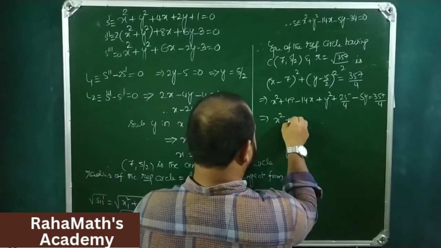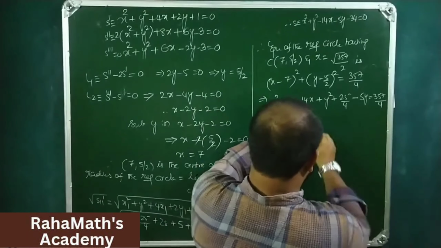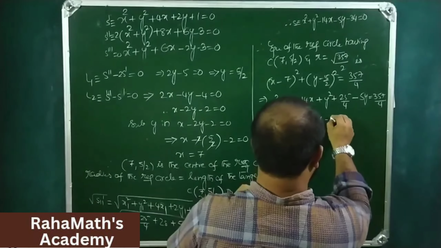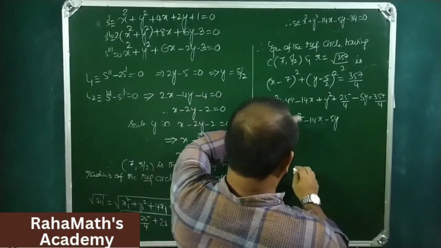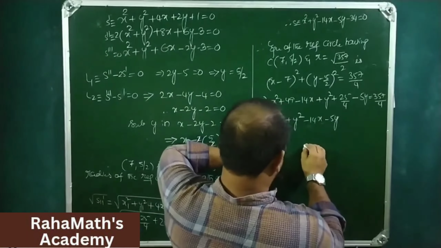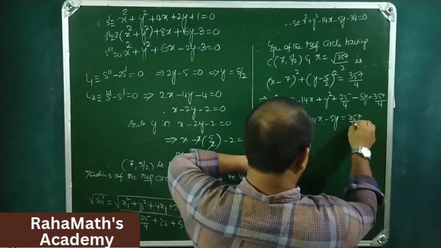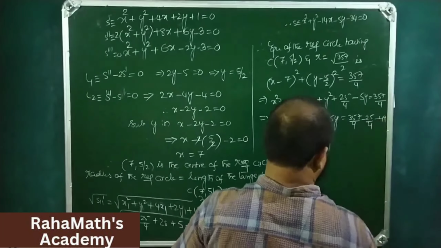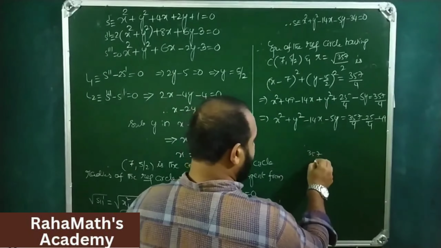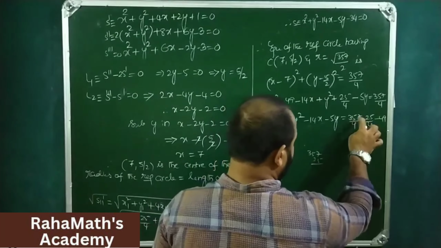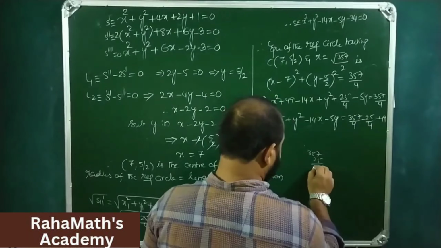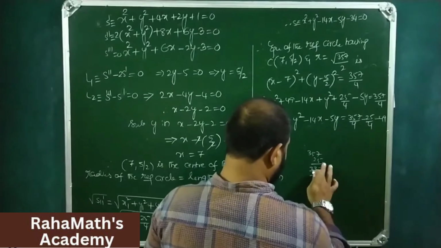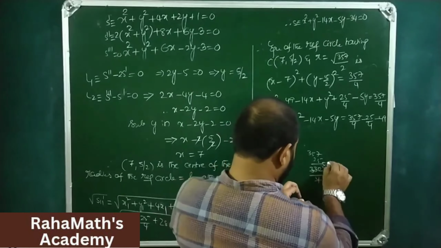So this is equals to x square plus y square minus 14x minus 5y, next, this is equals to 357 by 4 minus 25 by 4. This plus 49 is minus 49 if you transpose. So 357 minus 25, 332 by 4. 4 8s are 32. 4 3s are 12.